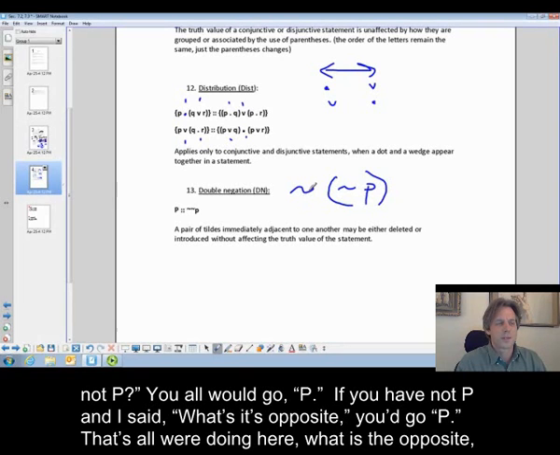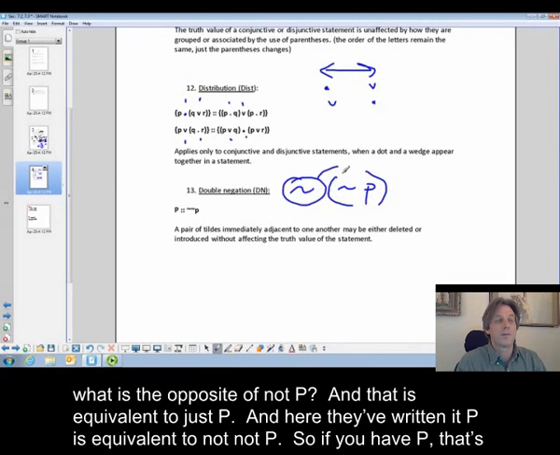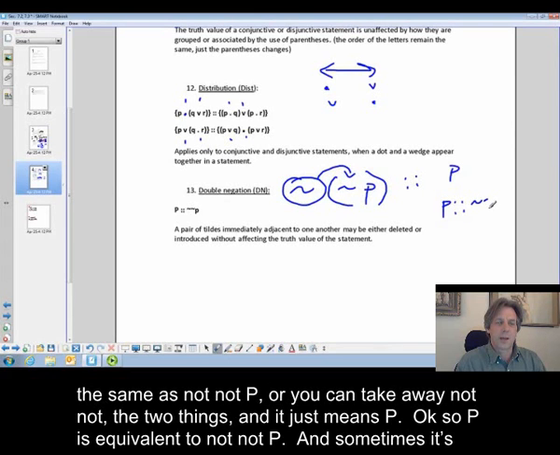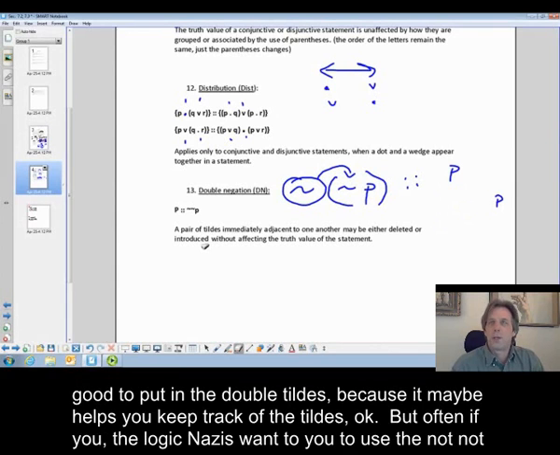What is the opposite of not P? And that is equivalent to just P. And here they've written it P is equivalent to not not P. So if you have P, that's the same as not not P. Or you can take away the two tildes, and it just means P. Sometimes it's good to put in the double tildes because it maybe helps you keep track of the tildes, okay?